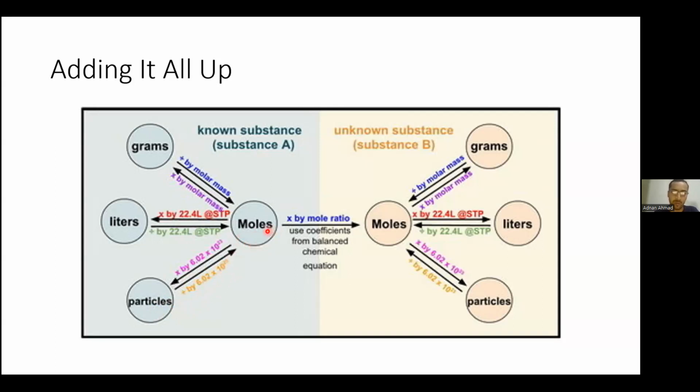And if we have number of moles and we are trying to convert it into particles, we multiply it by 6.02 times 10 raised to the power 23, which is Avogadro's number. So this is the calculation that we can use on both the left-hand side and the right-hand side to calculate the amounts of reactants and products. So this is how adding it all up is used. These are all the calculations that you will have to do.